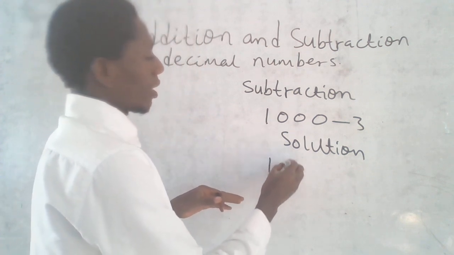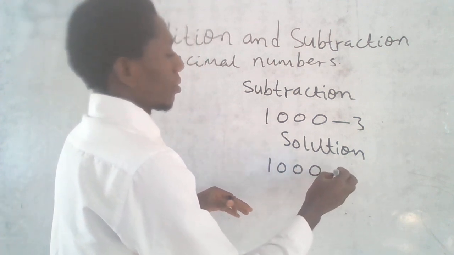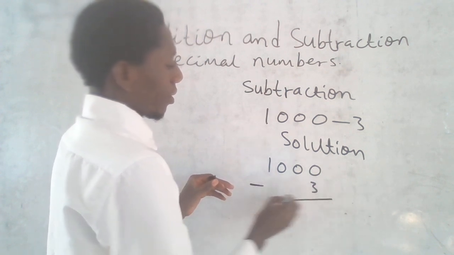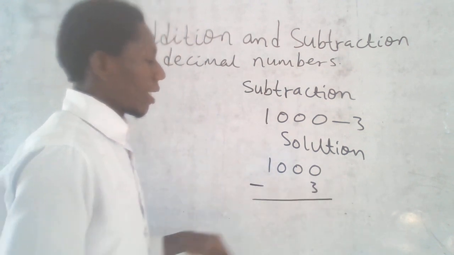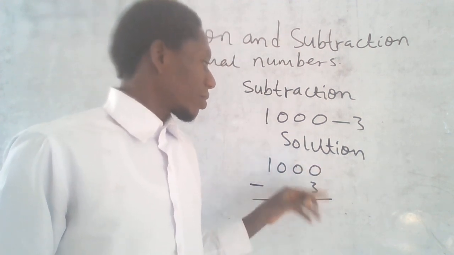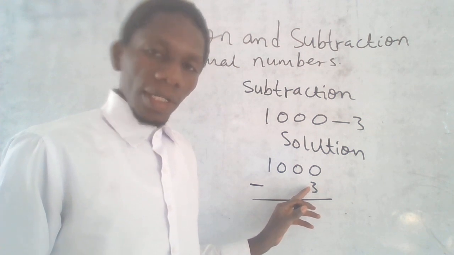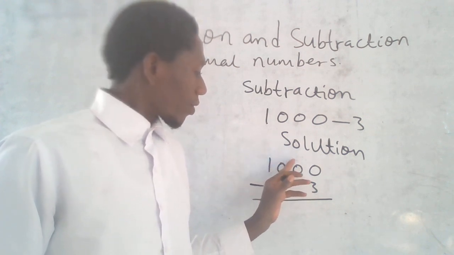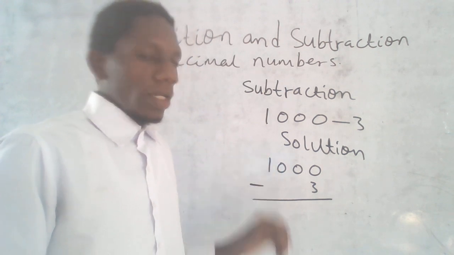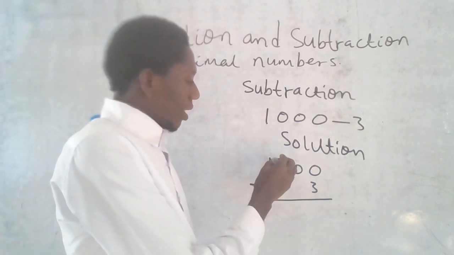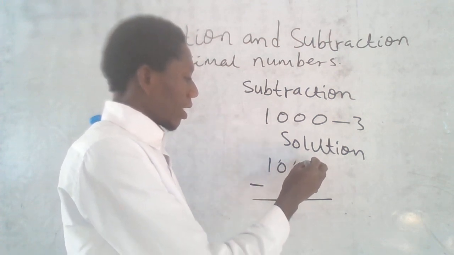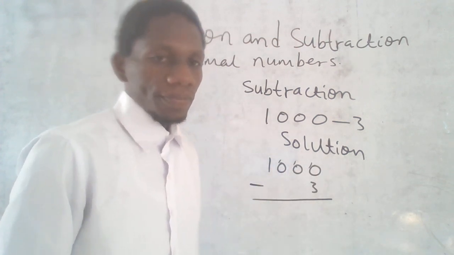and then 1,000 minus 3. Okay, now 0, because 0 has nothing, so 0 cannot subtract 3. So you have to borrow, here to 0, here to 0, so you take this one. So when this one comes here, this place becomes 10, here is 10, and here is 10.